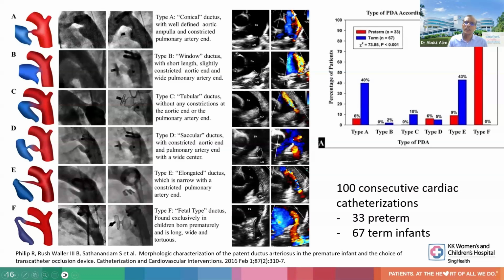Sometimes when you do echocardiography, in the middle of the picture, you can see different patterns. Sometimes, like I showed earlier, you can see a very smooth outline in a tubular type of PDA. But sometimes the PDA is tortuous. Sometimes it can have a funnel-like appearance, narrowed or pinched here. So you will get different types of PDA, and it might be technically challenging to measure, but the rule of thumb is to measure the PDA at the pulmonary end.